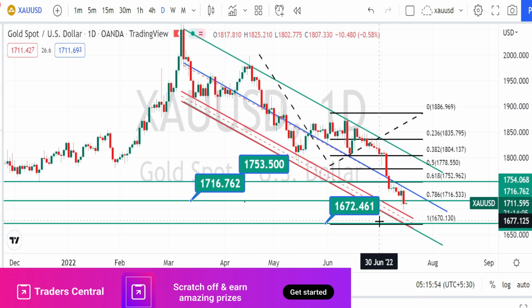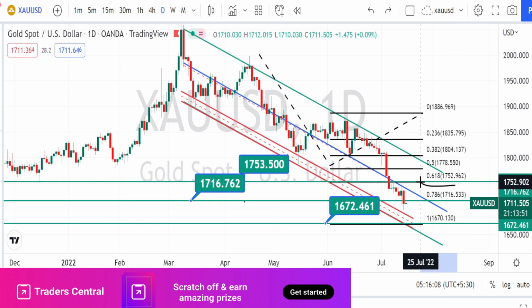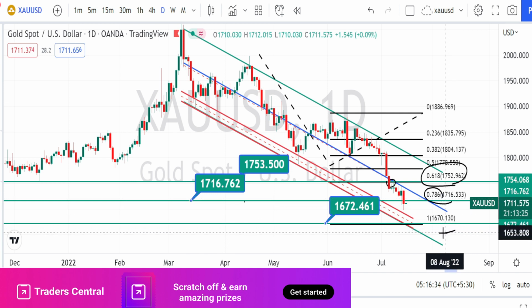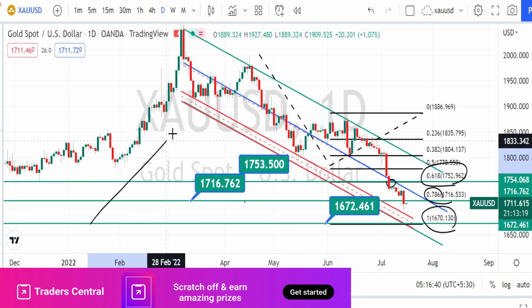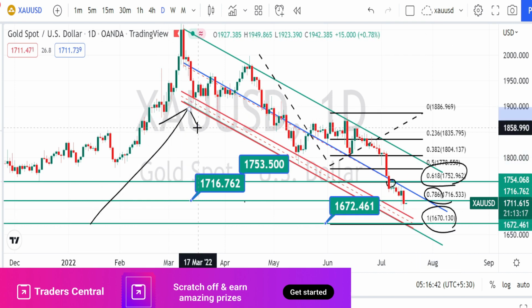So based on this Fibonacci extension tool, we can clearly notice that the price action has broken this 0.18 level of the Fibonacci extension level, which means the confirmation of the bearish trend continuation, and also it has broken the 0.786 level of the Fibonacci extension, which again gives a confirmation on the bearish trend continuation. Next target is going to be the 100% retracement of this bullish trend it has made previously.